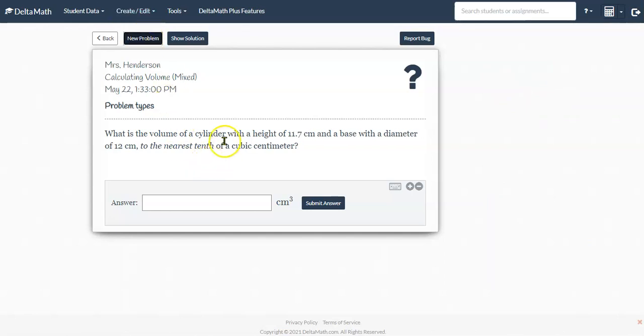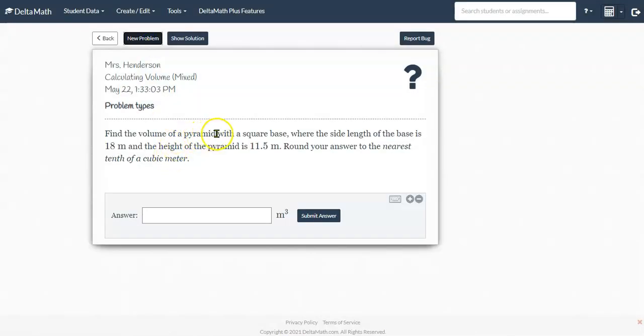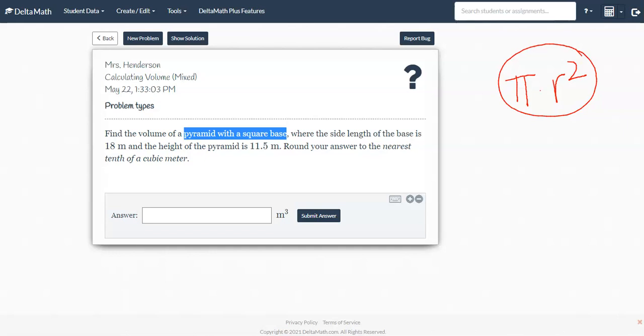All right, the next one was a cylinder, so you use the same formula, but this one is a pyramid with a square base, and that's different. We're only studying circular bases, so if you want, you could get this one wrong and try to get another one right, but a square base just means that instead of using pi r squared, which is the area of a circle, you're going to use the area for a square, which is the side squared.